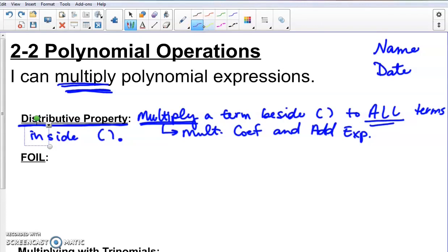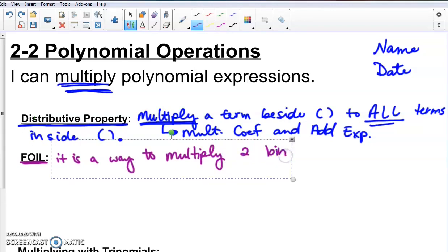Now our next term here is FOIL. So FOIL is when we multiply, let me backtrack and say it is a way to multiply two binomials. And we spoke about that in the last video, that binomials are like bicycles. Bicycles have two wheels, so binomials have two terms.